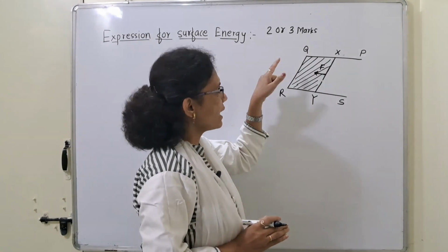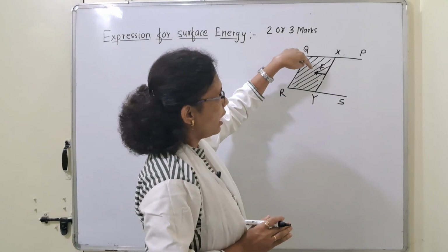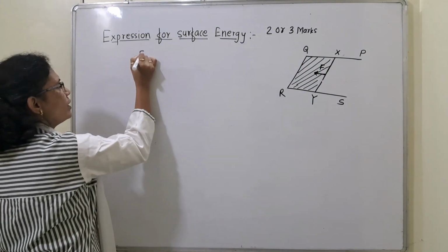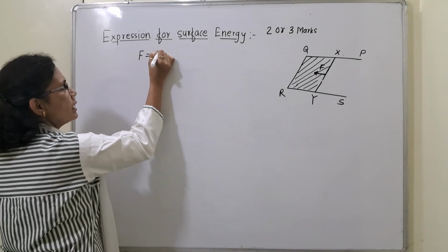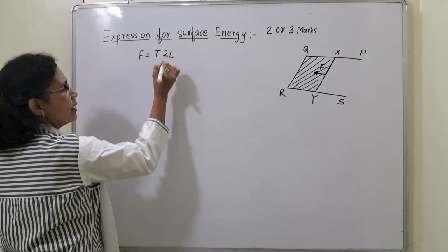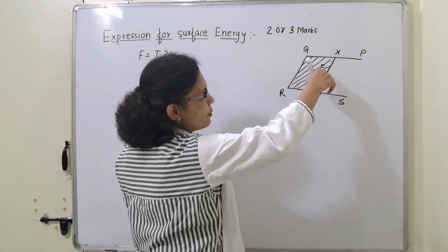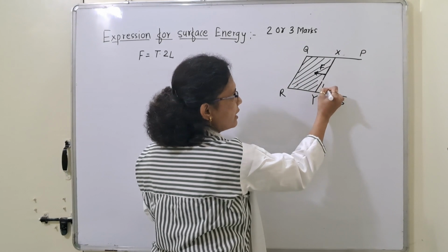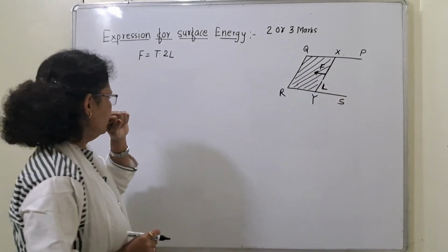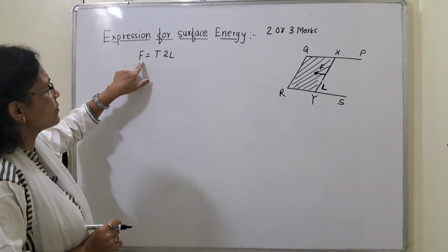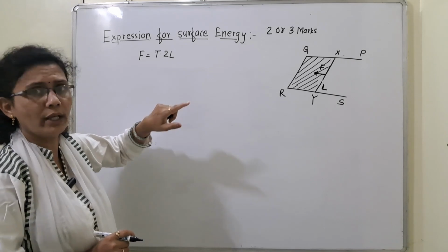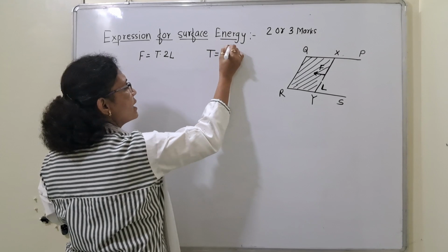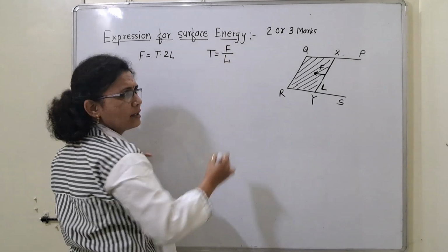So the force acting on this arm XY is given by F equal to T into 2L, if L is the length of this movable arm XY. How? We know that surface tension is nothing but the tangential force per unit length.